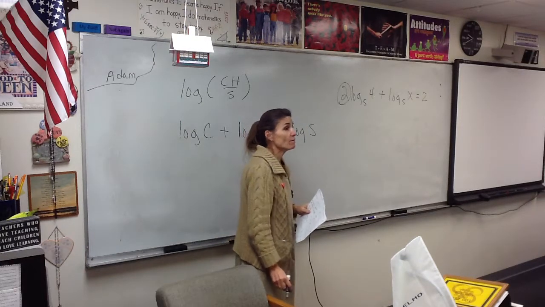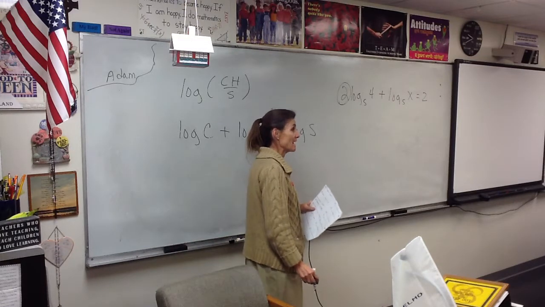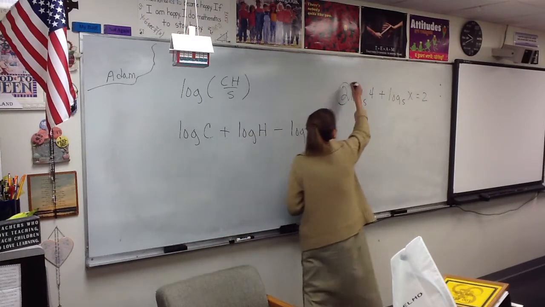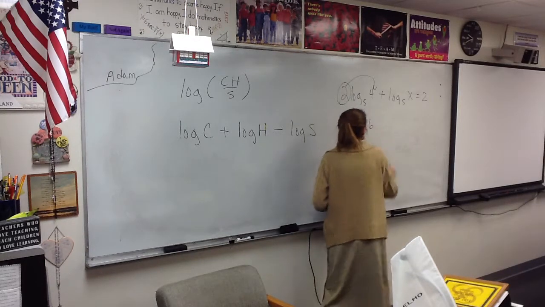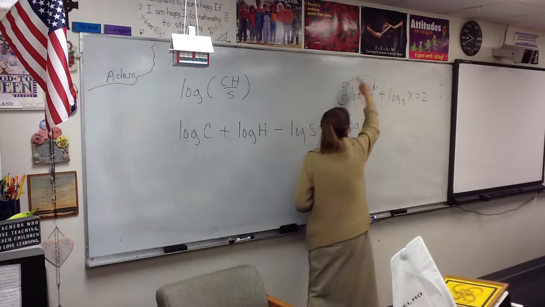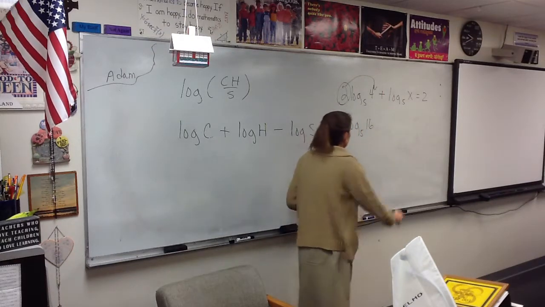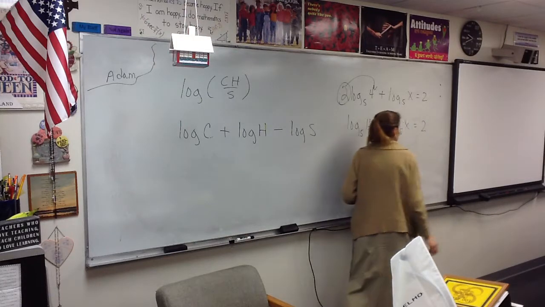What does a coefficient out in front of a logarithm represent? An exponent. So this is going to become the log base 5 of 16. How did I get 16? 4 squared. Now plus the log base 5 of x equals 2.